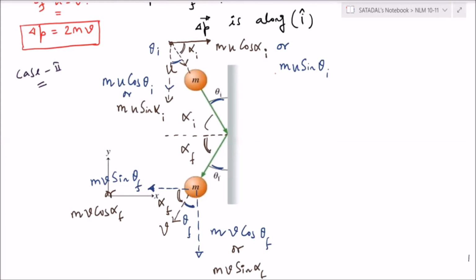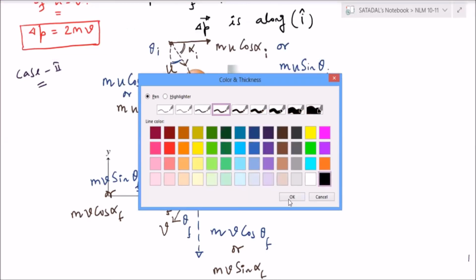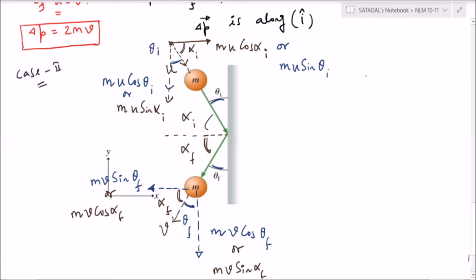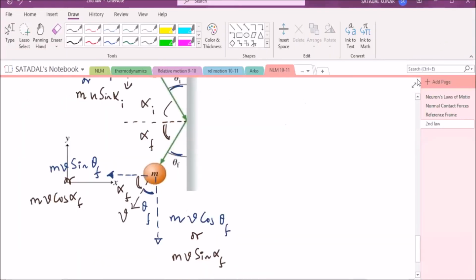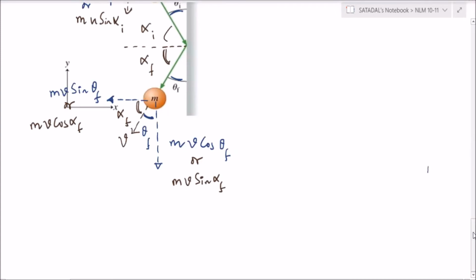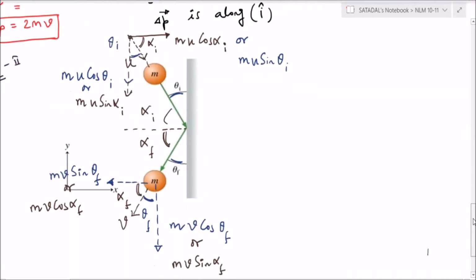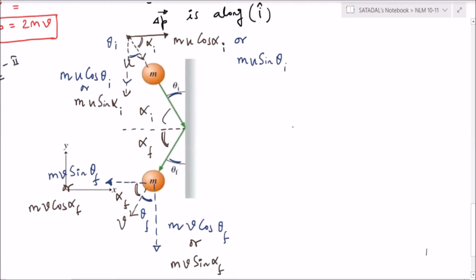Now, all of you, focus on the calculation. See, now, can I write delta p vector is equal to delta px vector plus delta py vector?